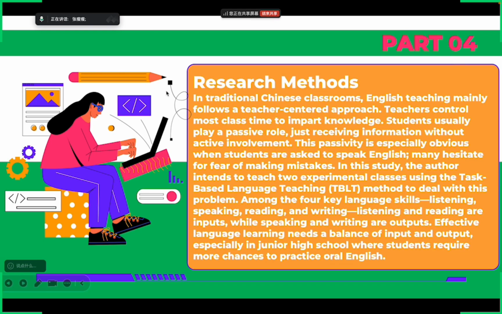The first part focuses on research methods. A traditional Chinese English classroom is teacher-centered, and students are passive, hesitating to speak English for fear of making mistakes. This study used a task-based language teaching method to teach two experimental classes to solve this problem.